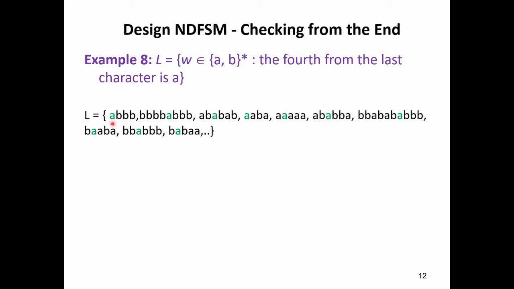So the fourth symbol must be A. First symbol can be A or B, second can be A or B, third can be A or B, but fourth must be A only. After that, you may have any number of A's and B's.